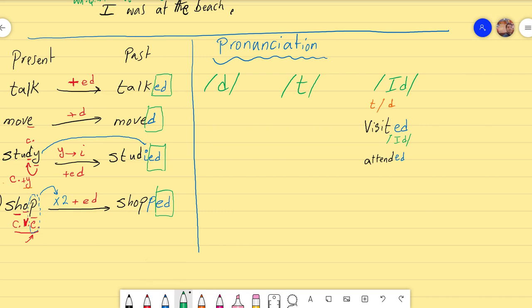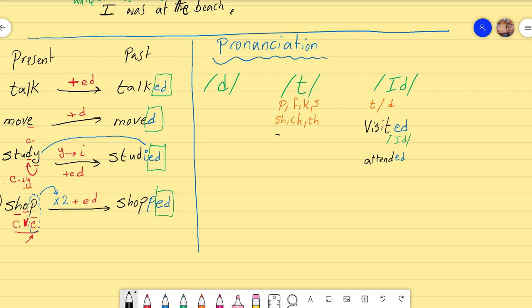The next one is when we have the sound of t. For this one, if the verb finishes with one of these letters, we have this sound. For example, p, f, k, s, sh, ch, or th.